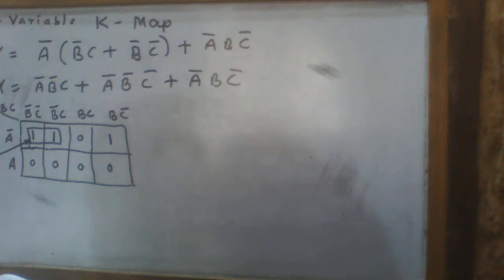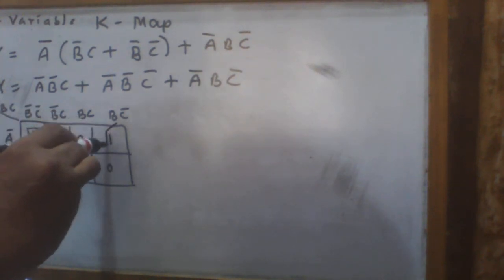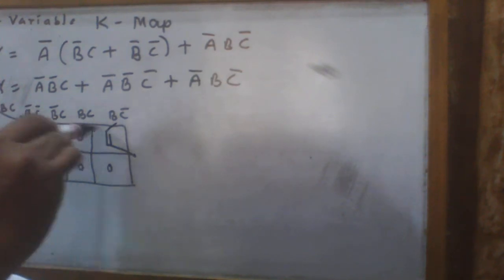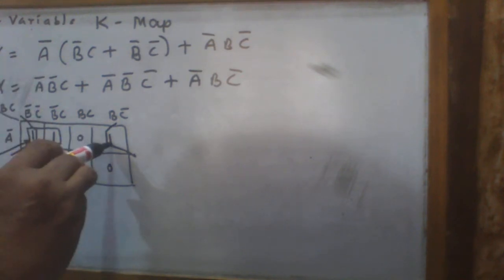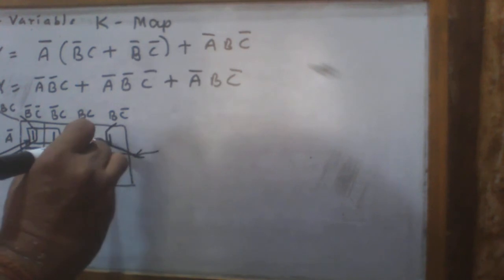Then I will make a corner grouping. This one is in the corner and this one is also in the corner, so I will make a group of these two ones. For both of these two ones, what is the common term?